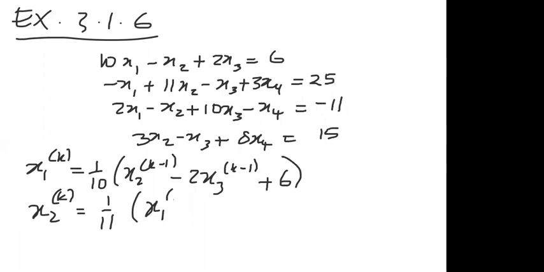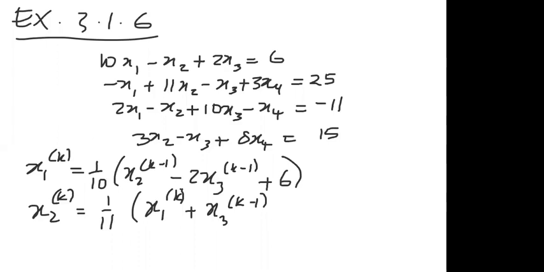So I will just have x1^(k) here. Let me write it like this. Okay. So I'm going to have x1^(k) in there, right? And then I'm going to have plus x3^(k-1). Okay. At this point, I'm finding x2.